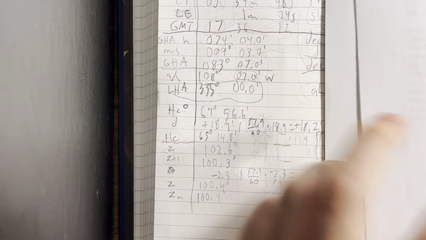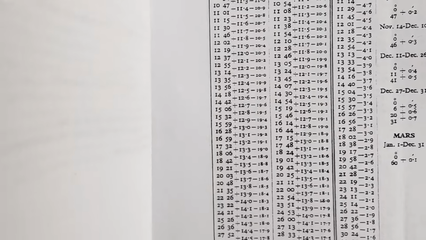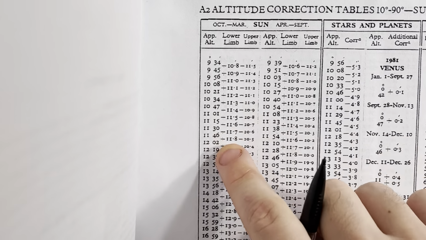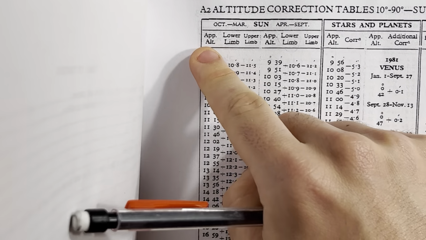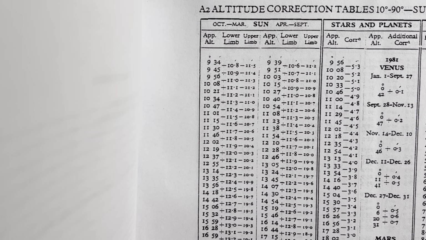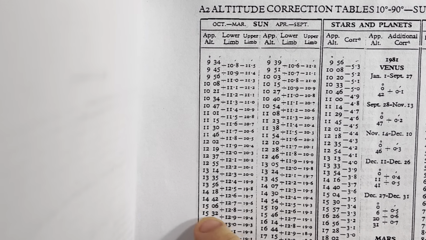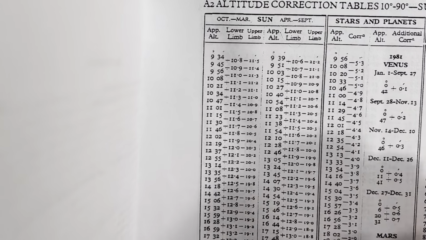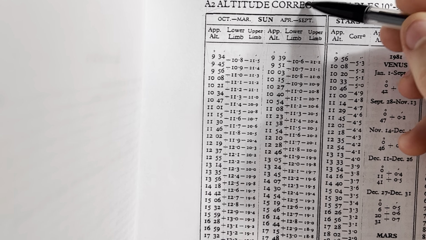Now our main body correction is based off of what our HA value is. So we come back to this page. You can see the main body corrections are based off of apparent altitudes. So we're going to pick whichever one is relevant to our value of 64 59. But first we've got to pick a section. At the top here, this is for October to March, and this is for April to September.